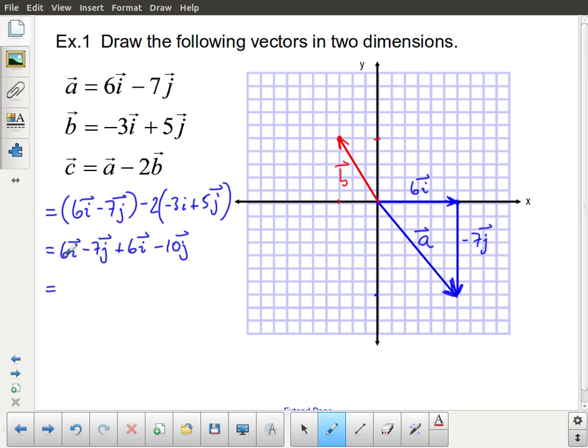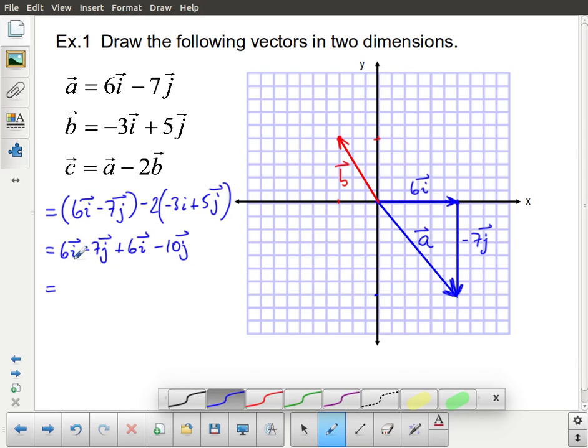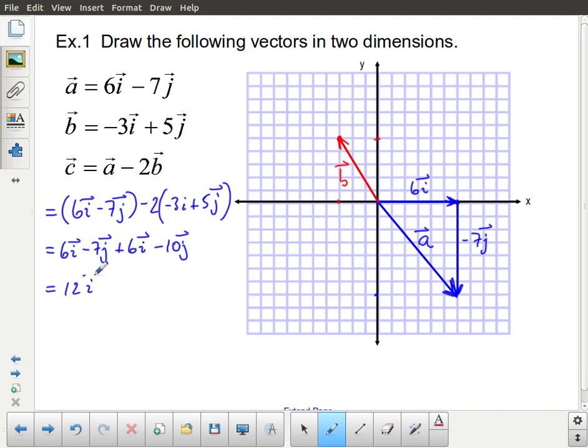And so I end up with 6i minus 7j, which is negative j, or sorry, let's go back here. What am I doing? I have to combine my i vectors. So I've got 6i plus 6i is 12i. And I've got negative 7j minus 10j is minus 17j. And so as it turns out, this will not fit on the scale that I have here right now.